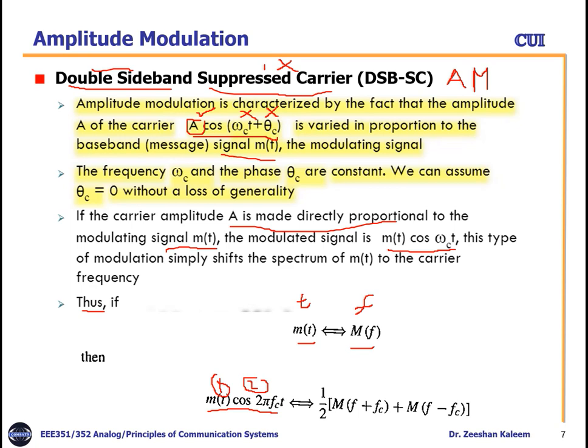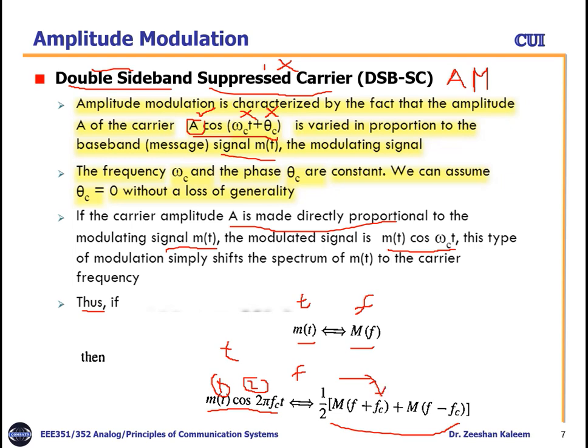This is the time domain representation, and we already proved what the frequency representation of this is in the last chapter. If you don't know, then please visit that lecture. After taking the Fourier transform, we will get this result.